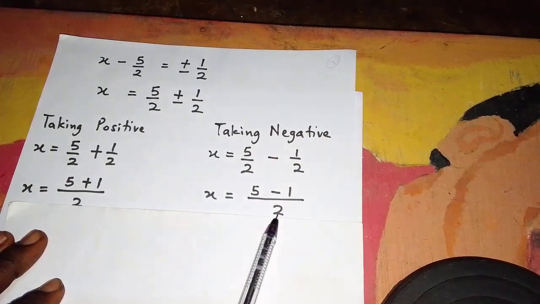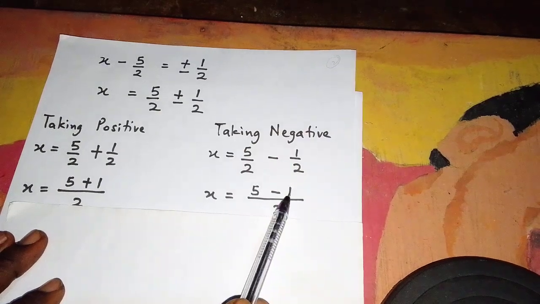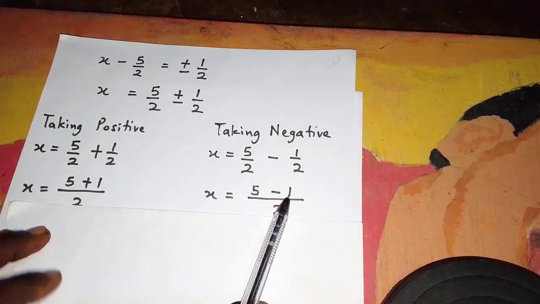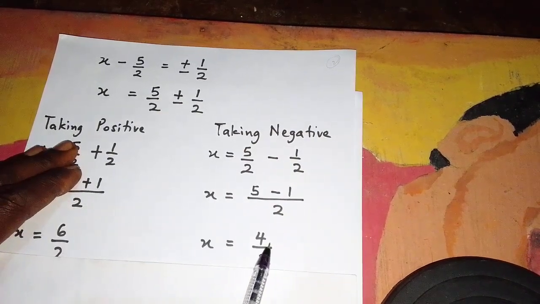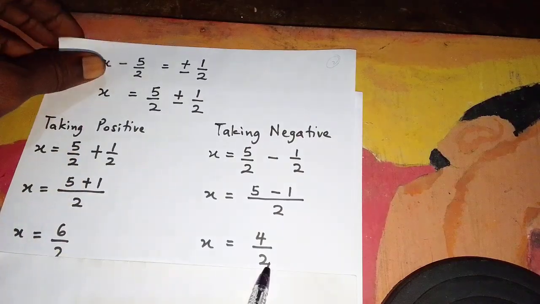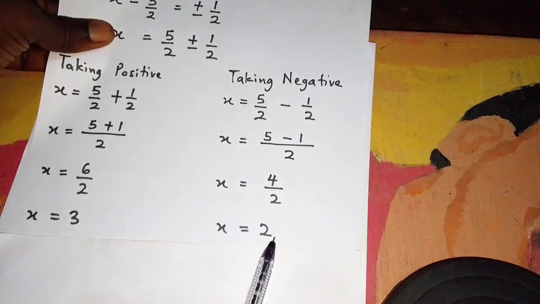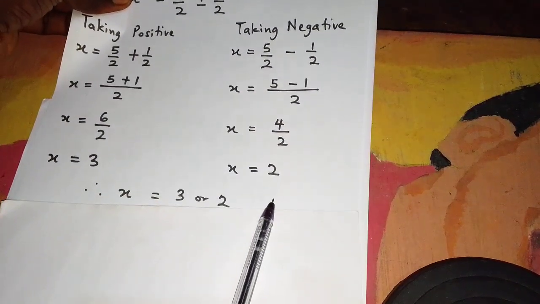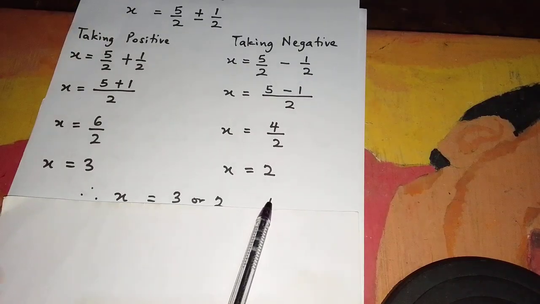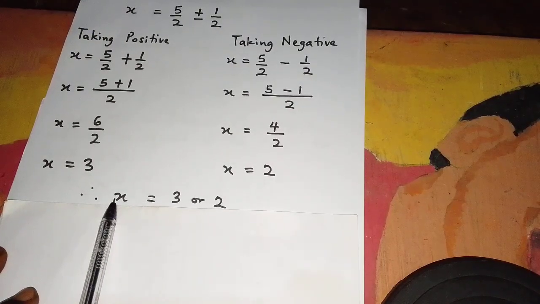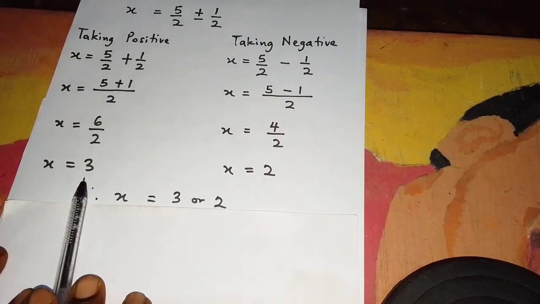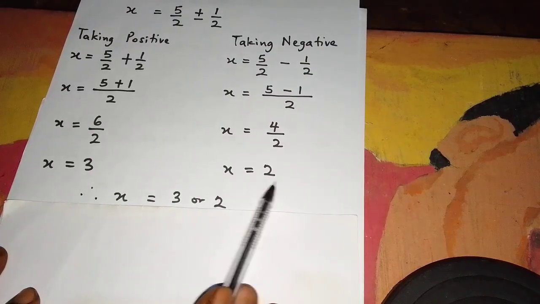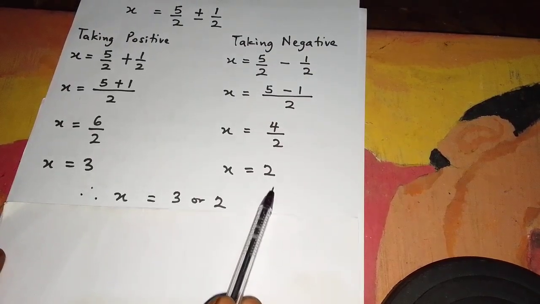Minus, how many 2 are in 2? 1. 1 times this 1 is what? 1. 5 minus 1 will give us 4 over 2. 4 divided by 2 will give us 2. So that means if you solve for x, the value for x should be what? 3 or 2. x equals 3 or x equals 2.